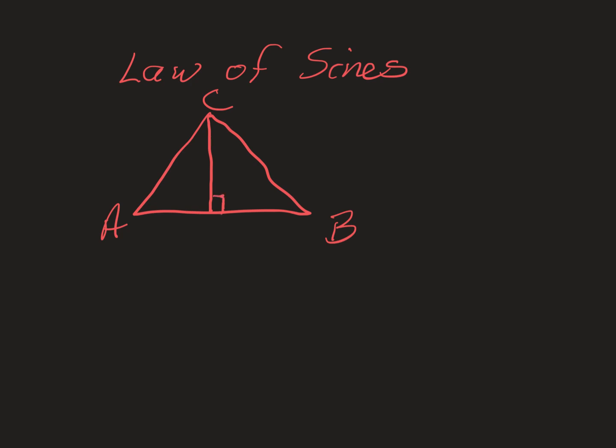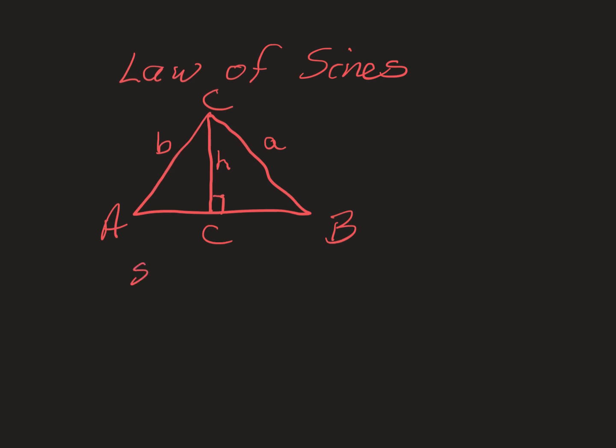Remember, an altitude is from one vertex perpendicular to the opposite side. Well, if we do that, then these other sides, a little b, little c, and the altitude we'll call h, the height, okay?